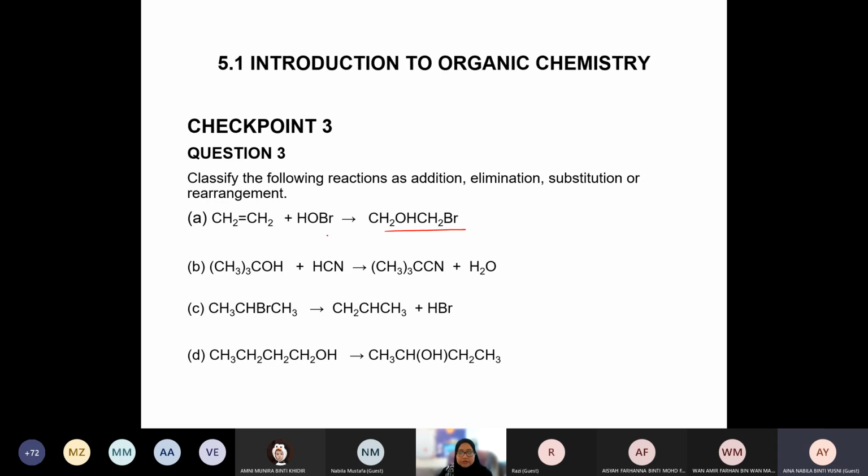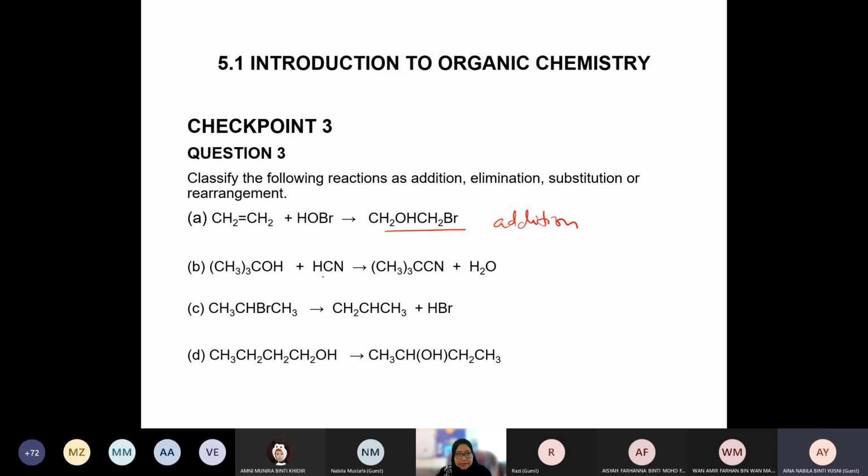So obviously, this will be addition, because initially we have two reactants, now become one. So the two reactants have been combined, as in an addition reaction. One of the reactants has been added into the other reactant. So this will be addition.